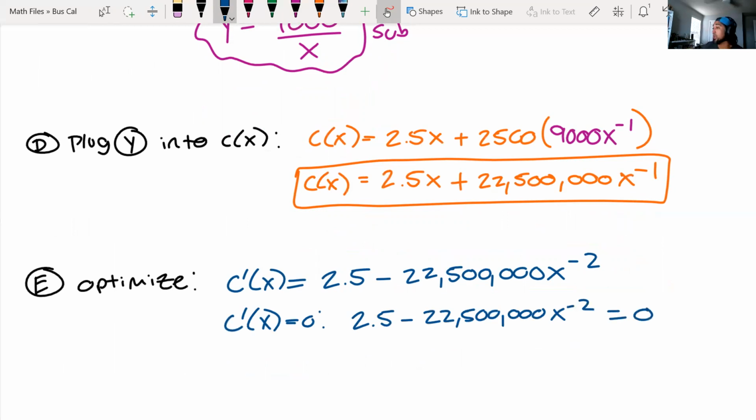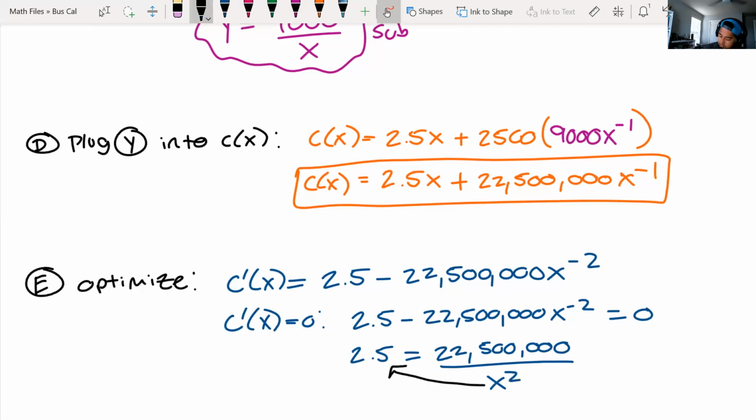Move the 22 million over. And flip that x squared underneath. And multiply it to the left side.